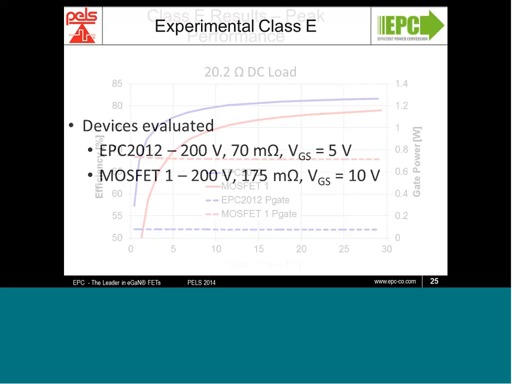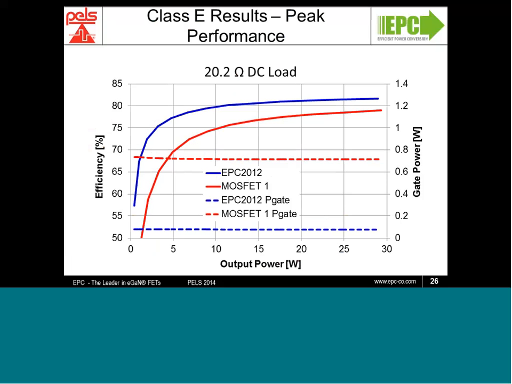Here we have our peak performance for the Class E. The blue line shows the GaN FET and the red line shows the MOSFET. On the left we have our efficiency, and on the right we have the gate power. This is the actual gate power measured into the gate driver itself, and it's running just one device. You can see there's almost a 10 times increase in the gate power for the MOSFET compared to the GaN FET.